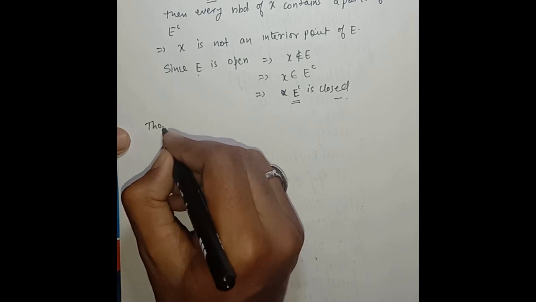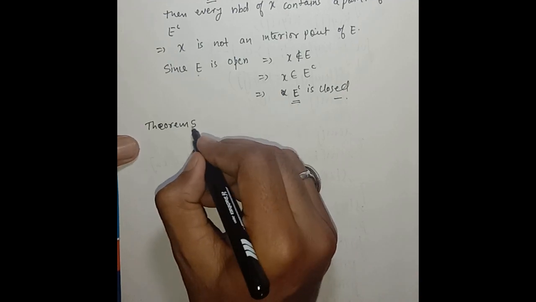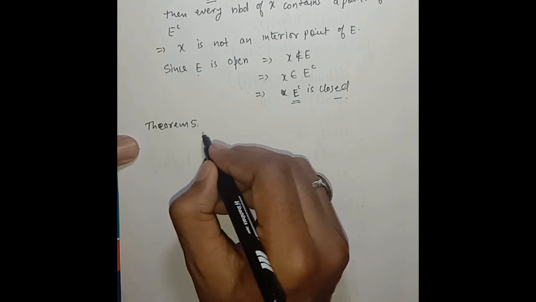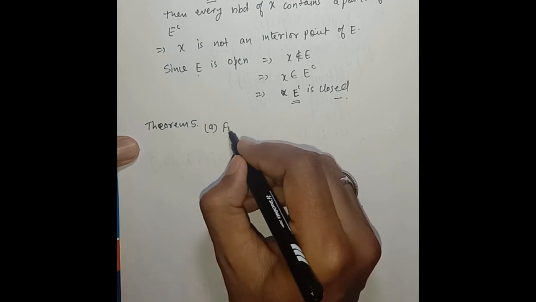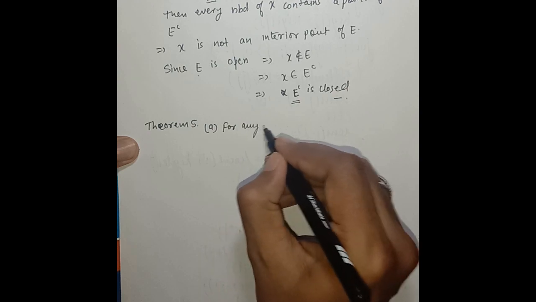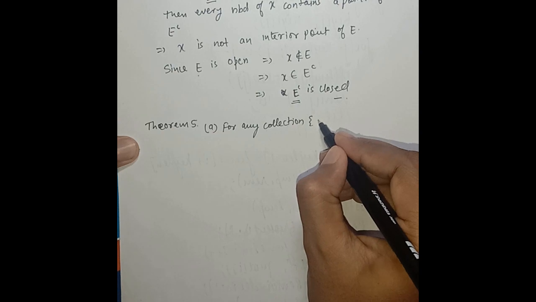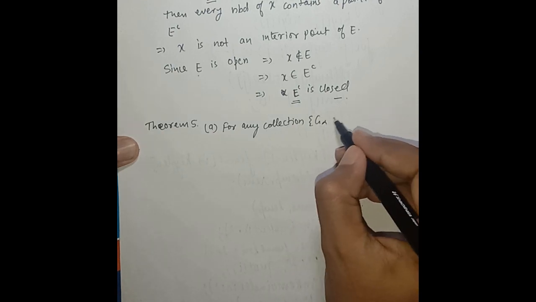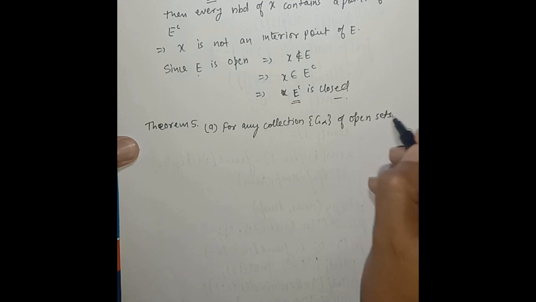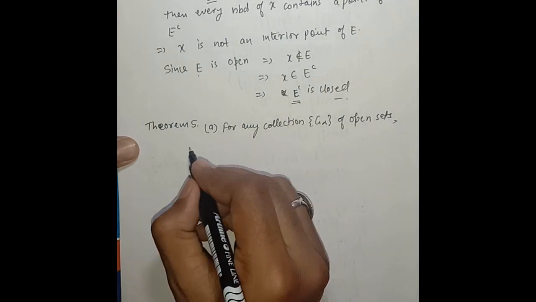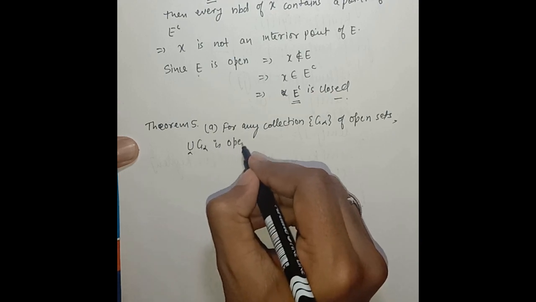Now move to the next theorem, theorem number 5. It actually has four parts. Part A: for any collection of open sets G alpha, the union of G alpha is open.